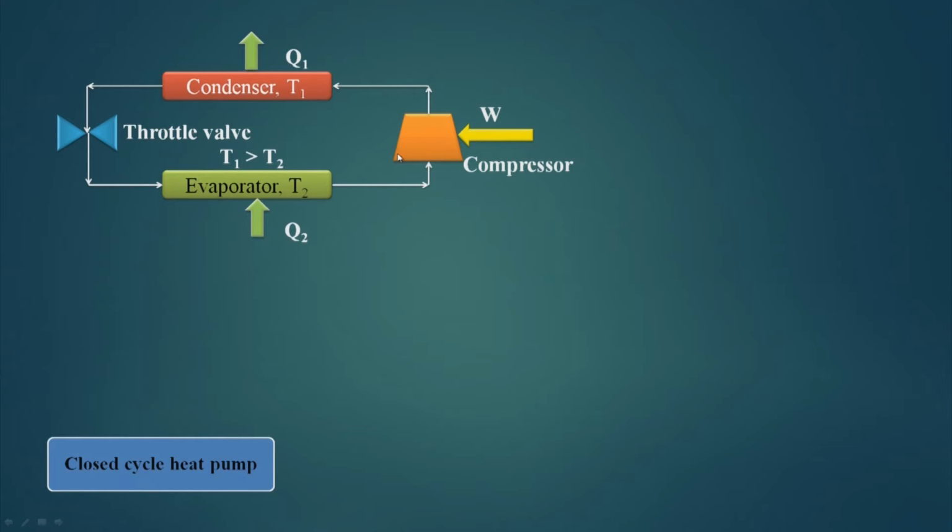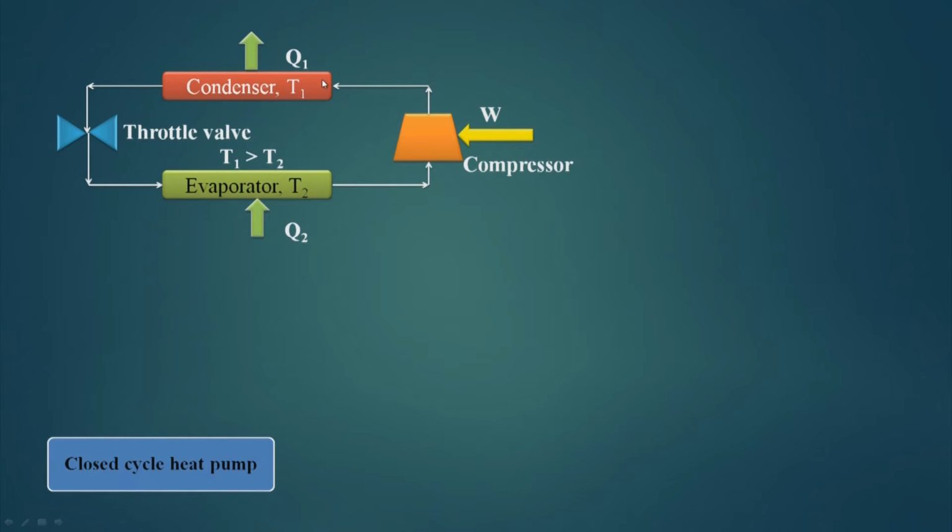This is compressed, and for compression we have to give some energy W, and then compressed vapor which is at a higher temperature goes to the condenser, where it rejects Q1 heat, and the condenser is at T1 temperature and evaporator is at T2 temperature.